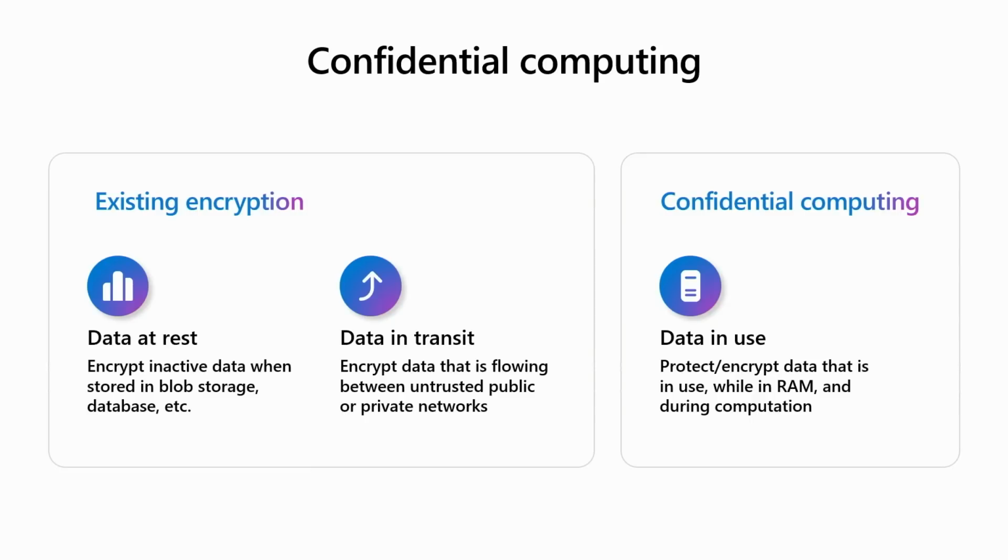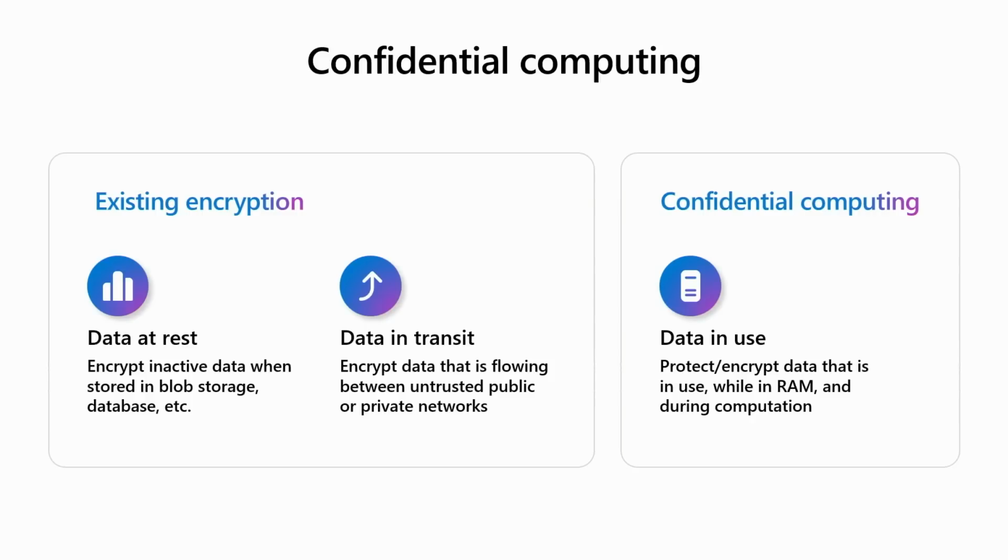Now, what are these technologies? They're originally called trusted execution environments. We've branded it as confidential computing, this concept of protecting data with hardware. And that hardware protection is based on a root of trust in the CPU where it creates effectively an encrypted box in the CPU's memory.